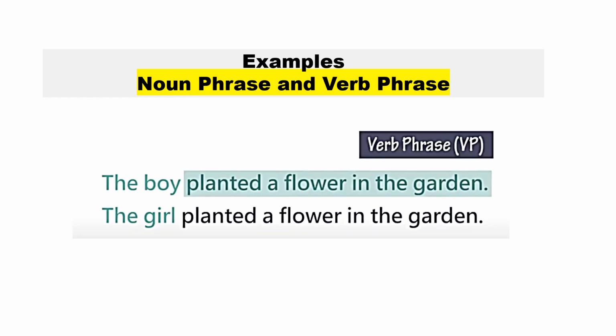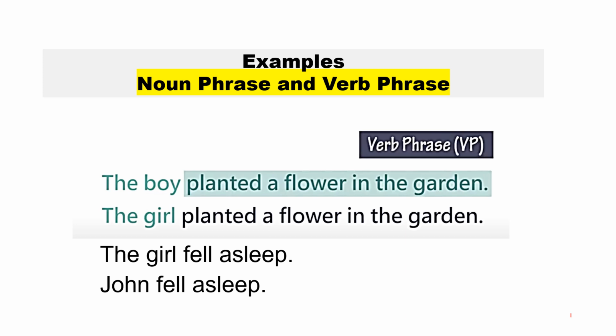For example, planted in the garden is a verb phrase. I can replace it with a verb. I can say, the girl fell asleep. Although it means a different thing, the grammaticality is not affected. Also, I can replace the noun phrase, the girl, with John.